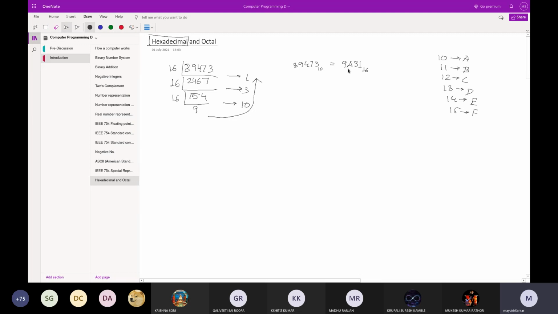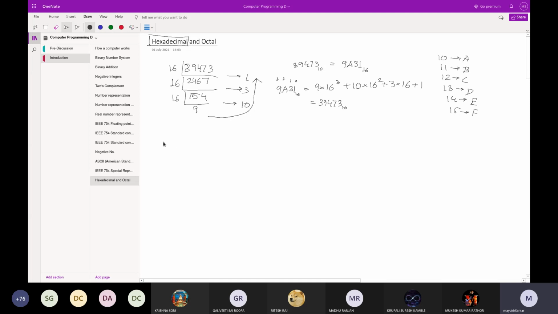Similarly, to convert from hexadecimal to decimal, the conversion is exactly the same: positions 0, 1, 2, 3. So 9 into 16 cube plus 10 into 16 square plus 3 into 16 plus 1, and if you evaluate this, you will get 39473 back. That's quite obvious.